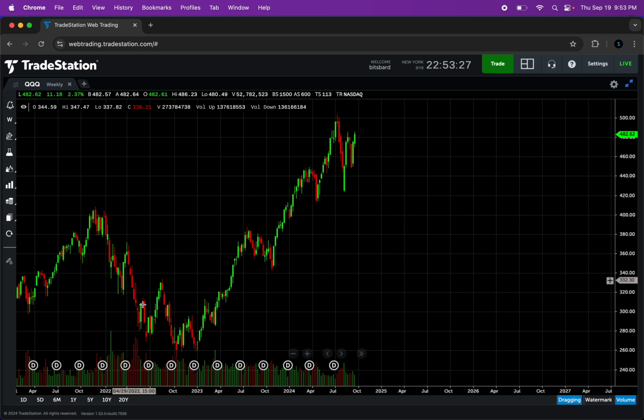From here we can see many higher highs and higher lows, indicating a stage 2 upward trend. So we've been in a bullish trend since we broke this lower high in December 2022. So that's the general market sentiment direction.